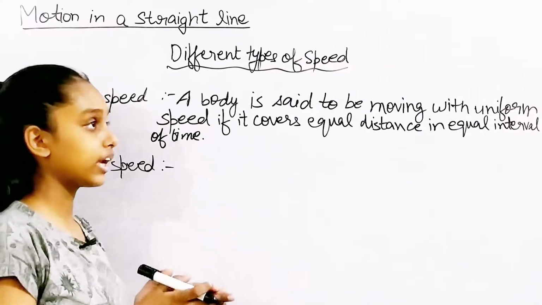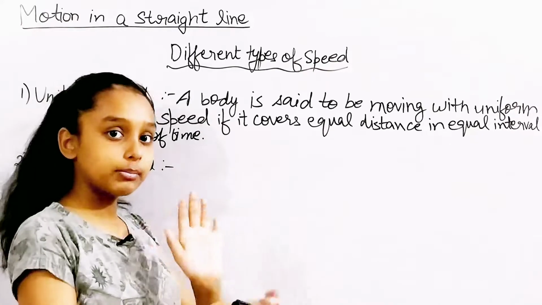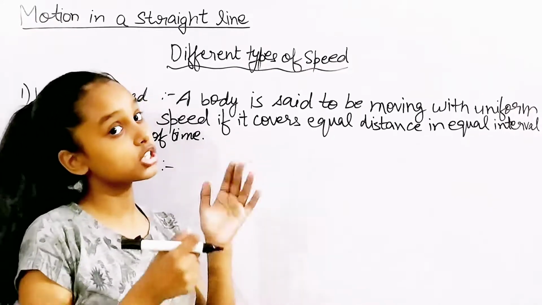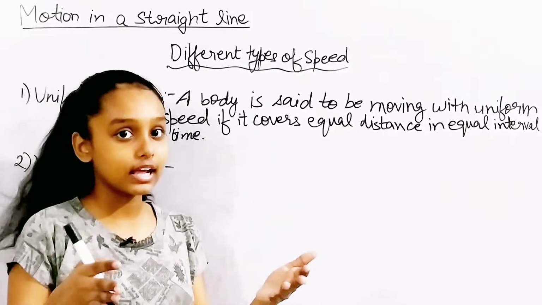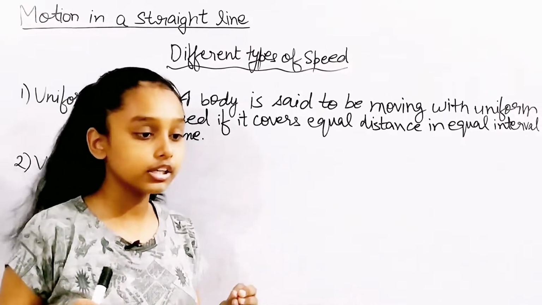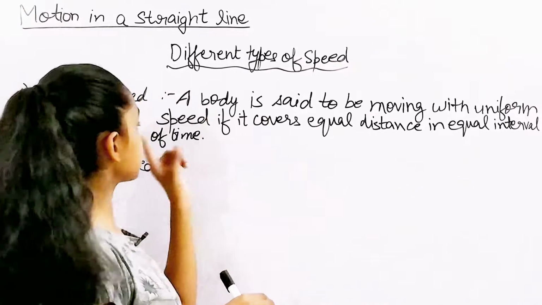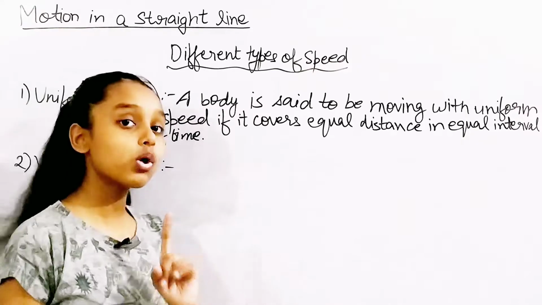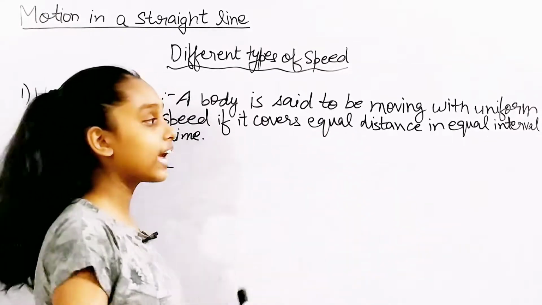Let me take it in a different way. A body has covered 7 meters in 10 seconds, 18 meters in 20 seconds. So what are we trying to say? That it is covering unequal distance, but in equal interval of time. After every 10 seconds, what can we see?